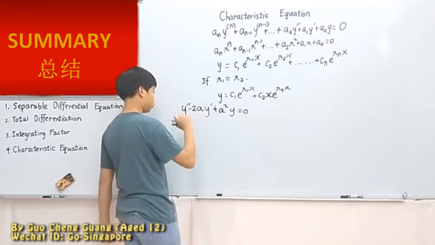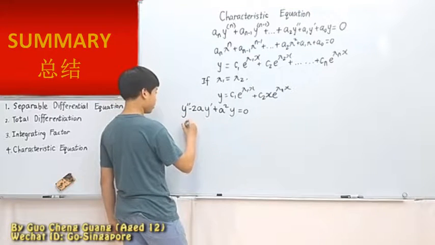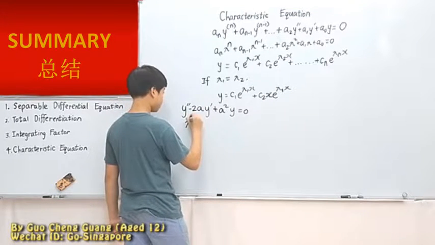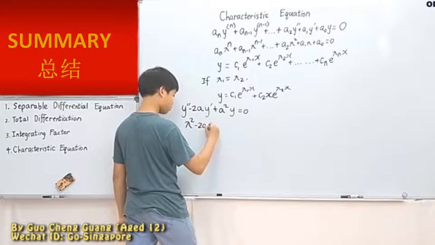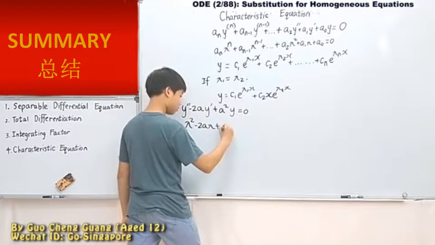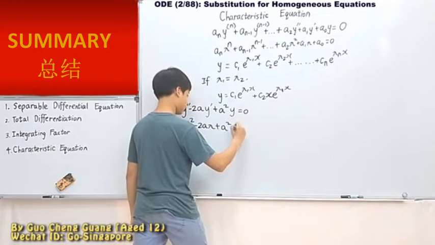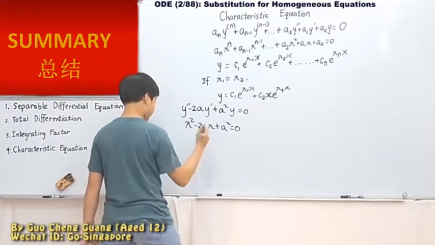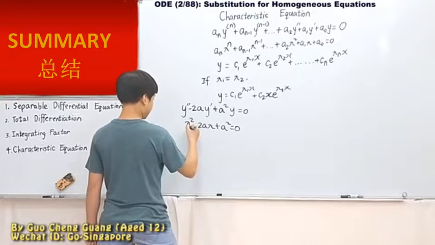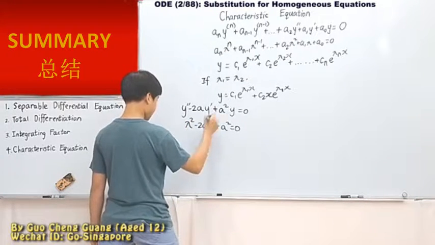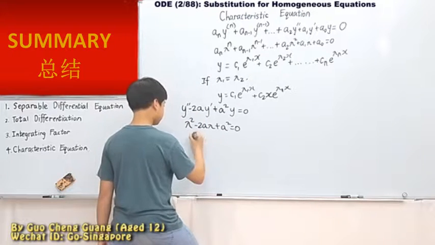So for the characteristic equation, lambda here will be a square. Then this part we can factorize, which is lambda minus a, then square.